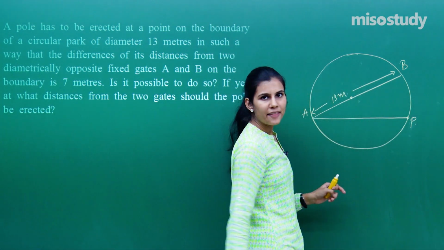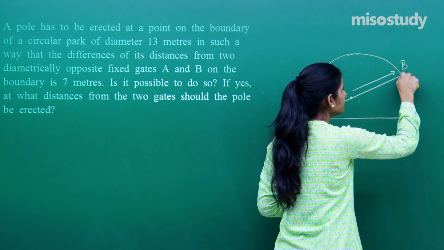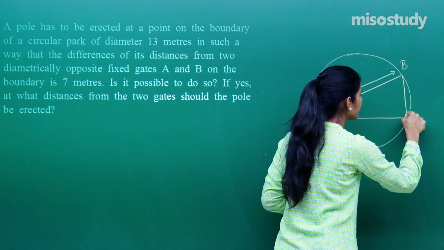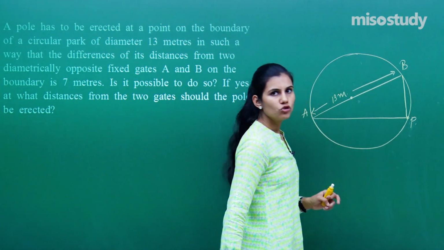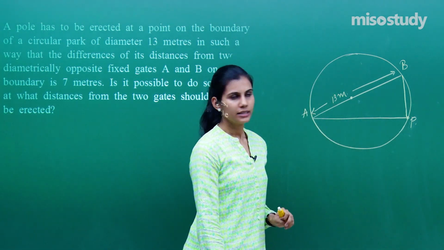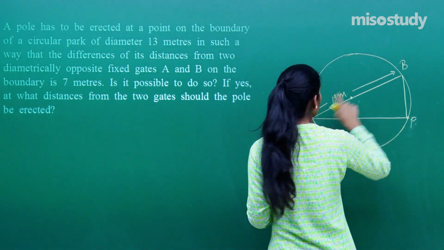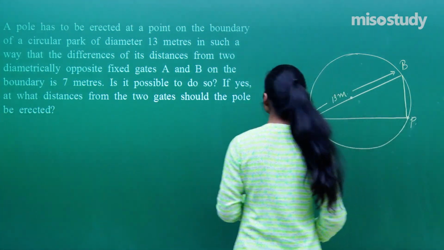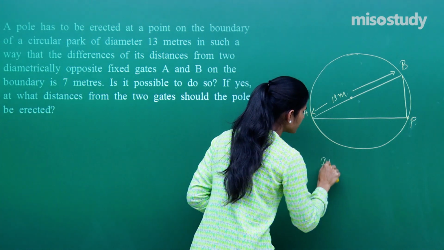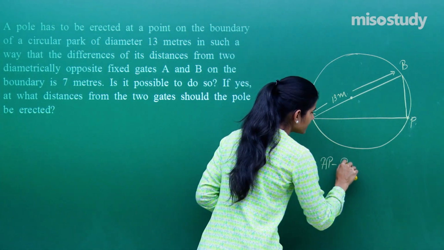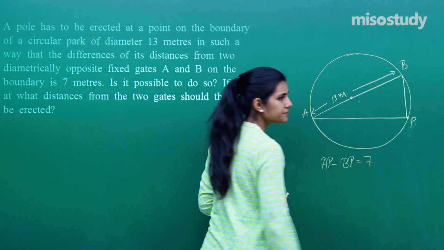You measure PA and you measure PB. It is given that the difference of this pole's distance from A and B is 7 meters. So it is trying to say AP minus BP is 7.